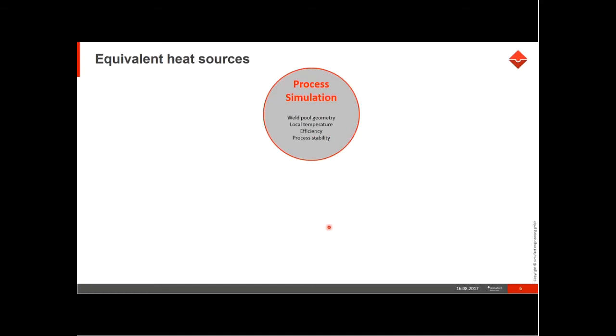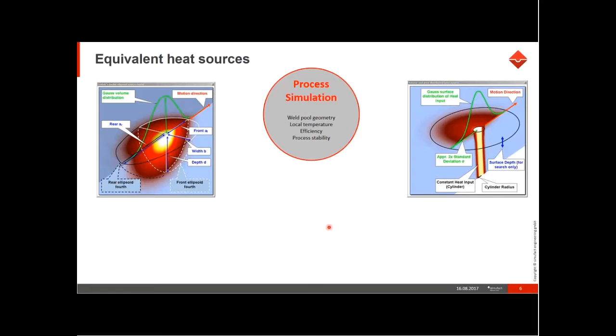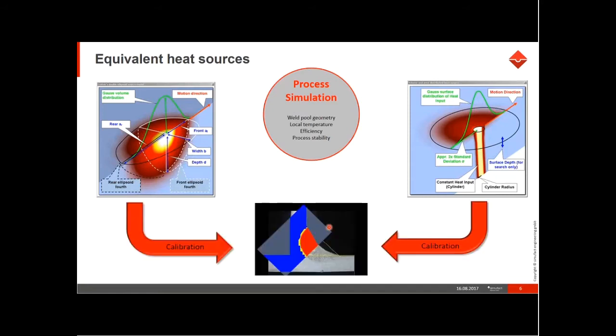The idea how we can link all these three parts together is that we use something that is called an equivalent heat source. An equivalent heat source is a three-dimensional energy input, a representation of the process simulation itself. This needs to be calibrated, of course.